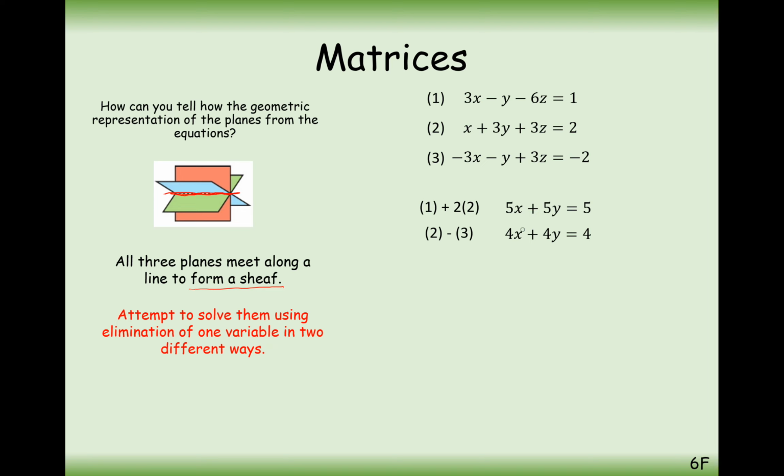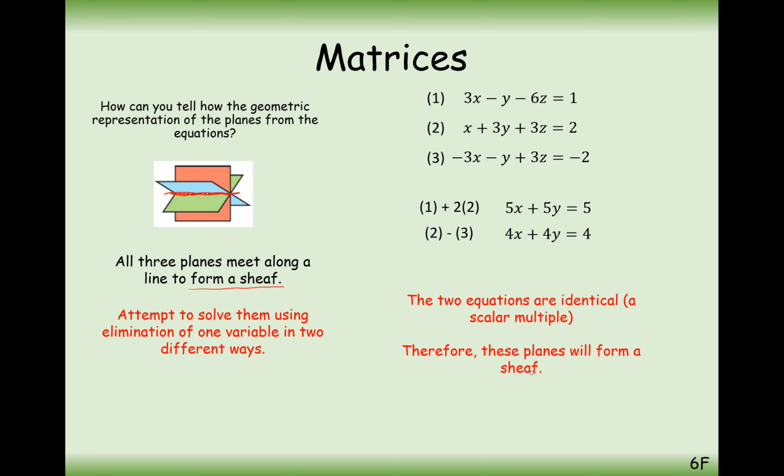That will be a double negative to make 4x. 3y take away minus y will give me 4y, and 2 take away minus 2 will give me 4. And what do you spot from these 2 equations that we get here? We have 2 equations that are identical, or a scale factor multiple away from each other.